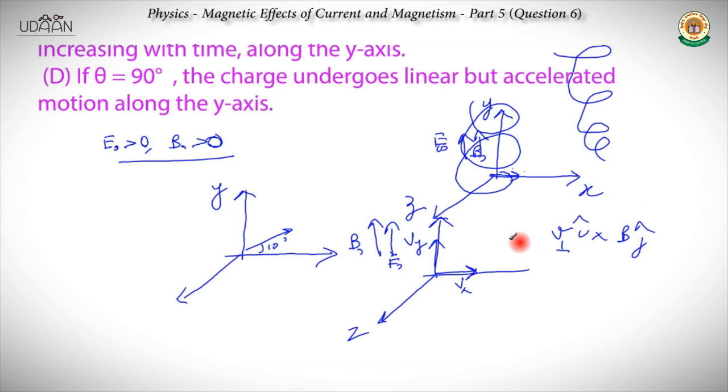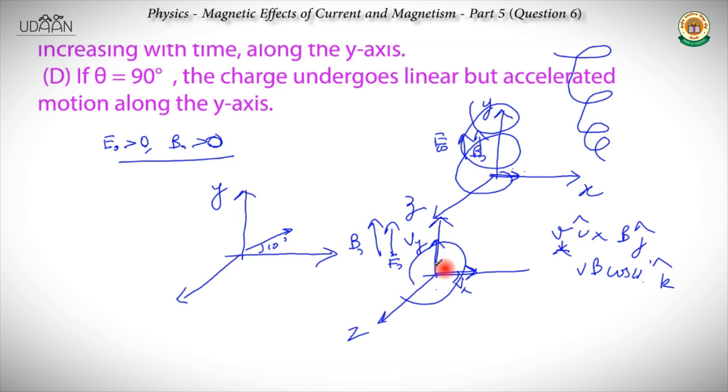This is V perpendicular, or Vx. This will be some VB cos 10 degrees into k cap. Force acts in this direction, so basically this force should move it in a circle.